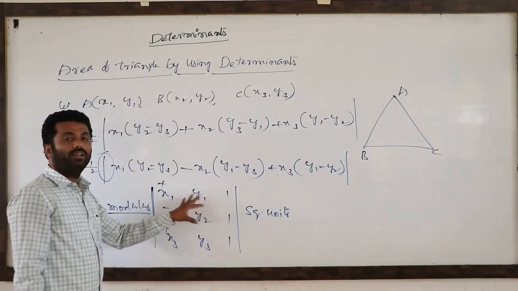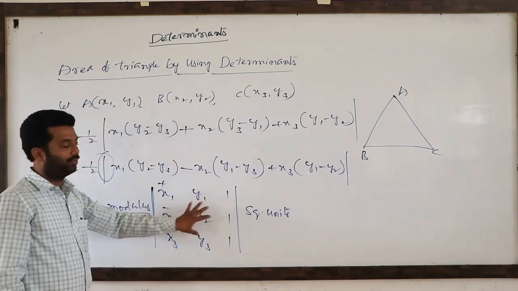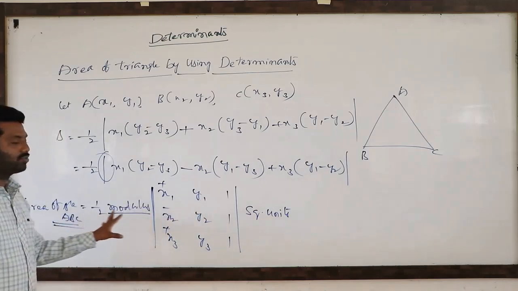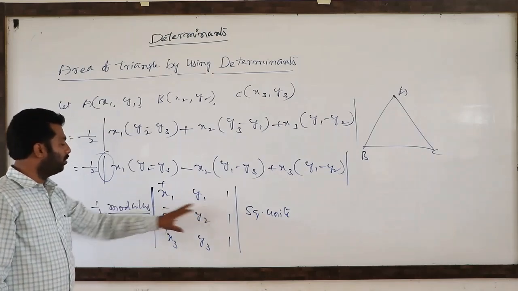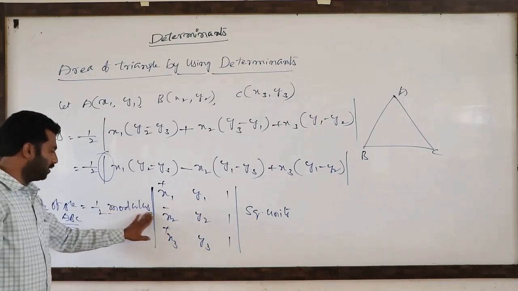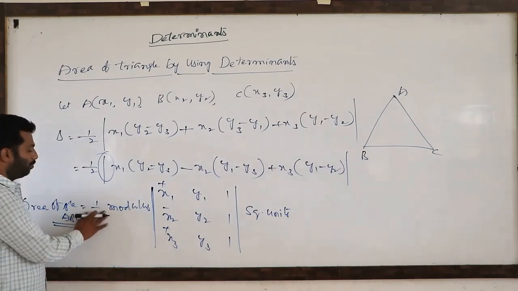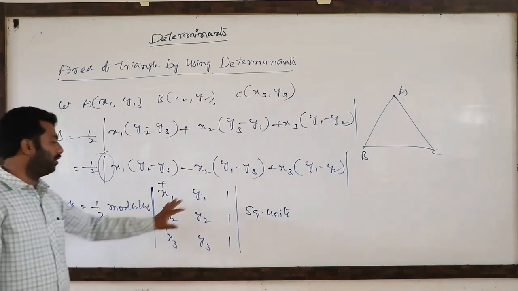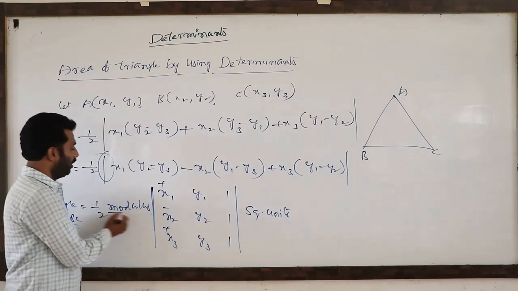Sometimes this determinant may be negative, and the area of a triangle must always be positive. So to avoid negative terms we have to use modulus. Whenever the determinant is positive, no problem; whenever it is negative, there is a problem, so we apply modulus.